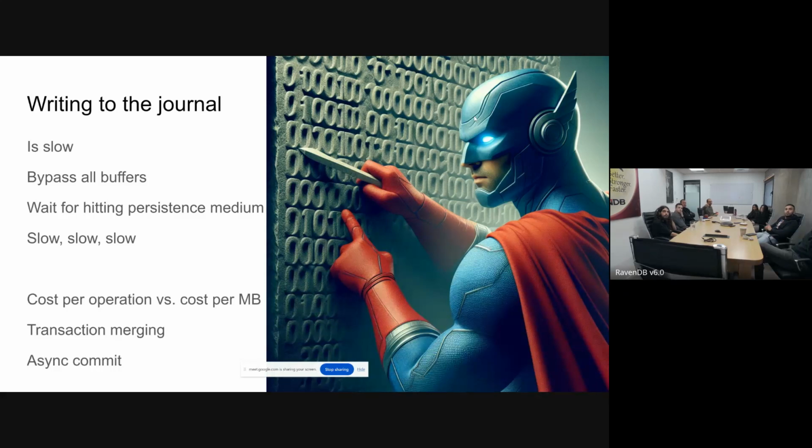So we're trying to make it as efficient as possible. One of the things that we're doing is writing to the journal always in a sequential manner. So think about physically how it works. I'm writing. Now switching to the next page is super easy.